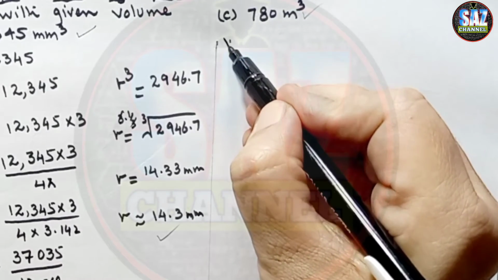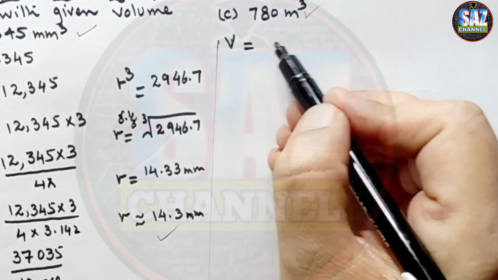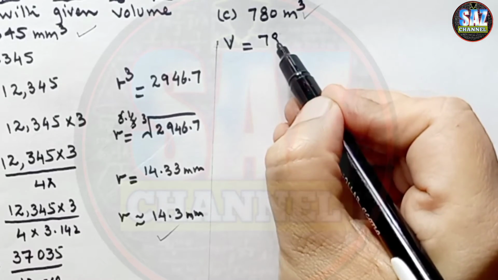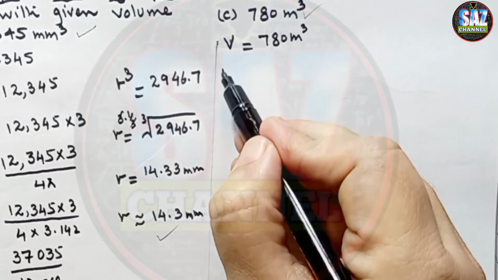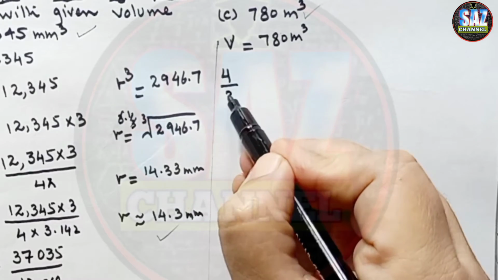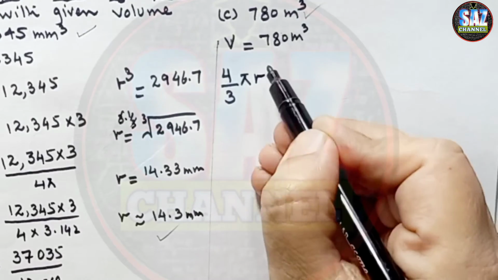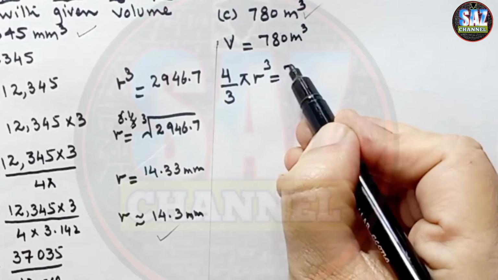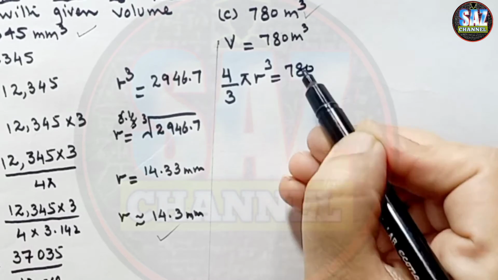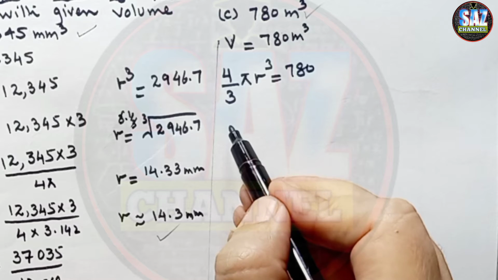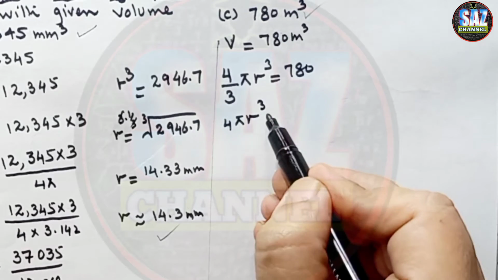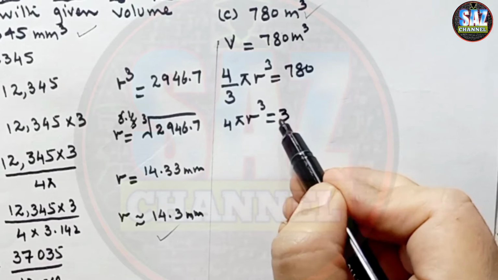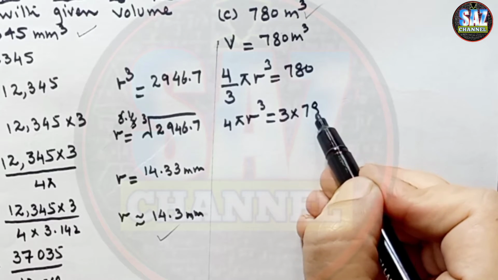So the given volume is 780 meter cube, and now this volume has to be equated by the formula 4 by 3 pi r cube equals 780. Now go for cross multiplication, that 4 pi r cube equals 3 times 780.